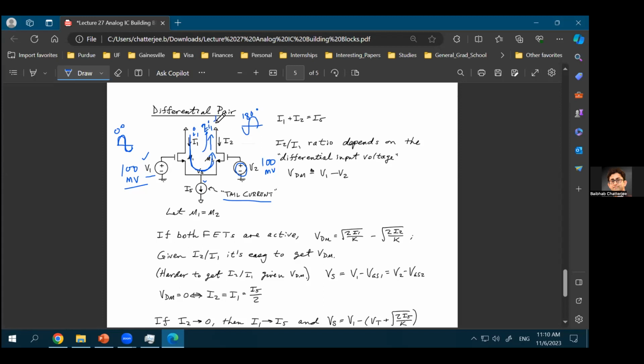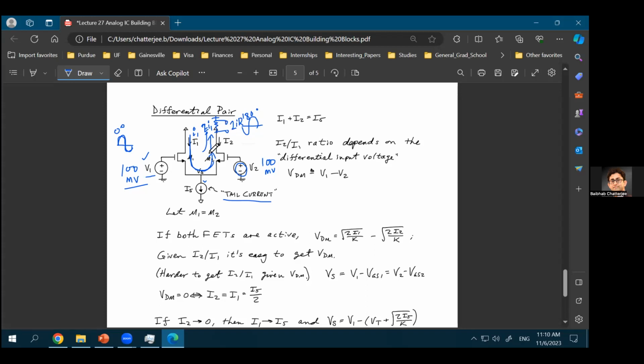Now let's say you are applying a load resistance over here. The voltage that gets developed across that load resistance, if you're taking that as your output, then that output will be 2 times I times R. Okay. So your total amount of voltage at the output has this factor of 2.